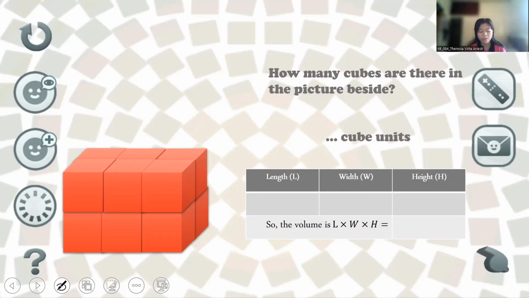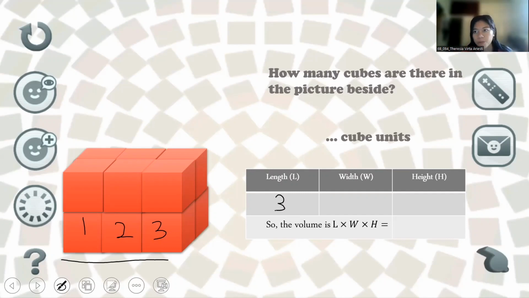We're going to count the number of cubes on the front, sides, and up. So for the front, it's in here. We can use it as length or L. So we count how many cubes on the front: 1, 2, 3. So the length of the cuboid is 3.